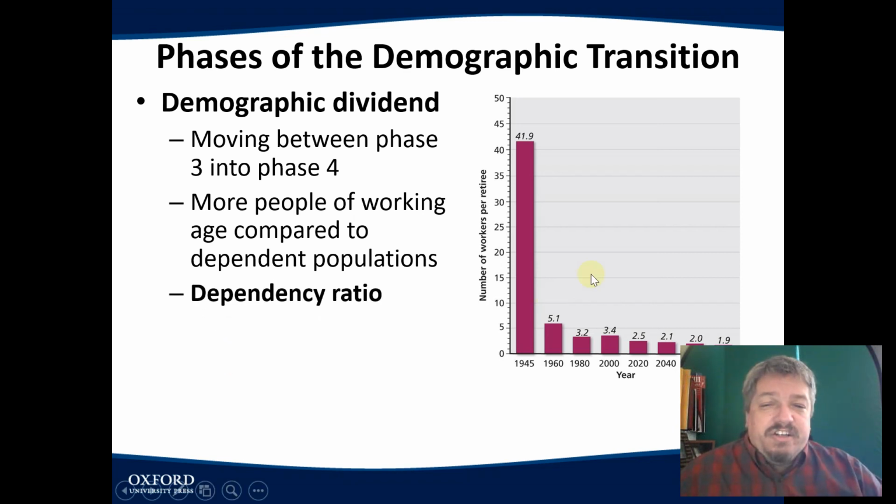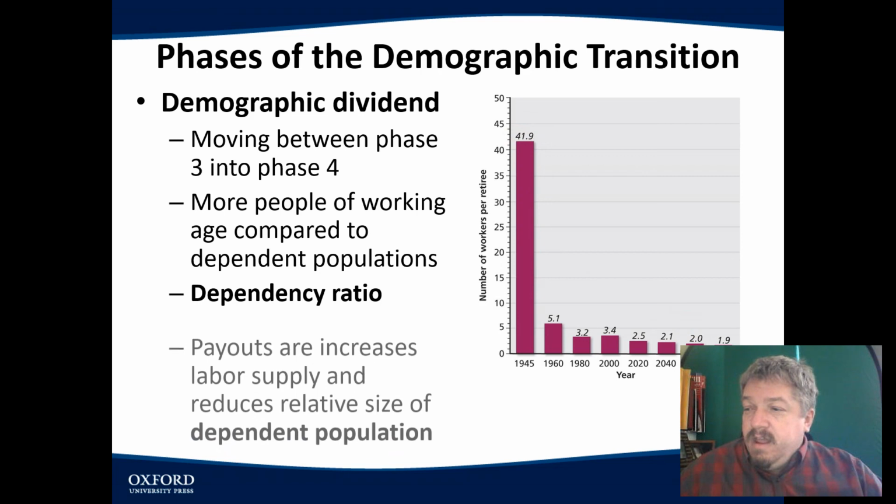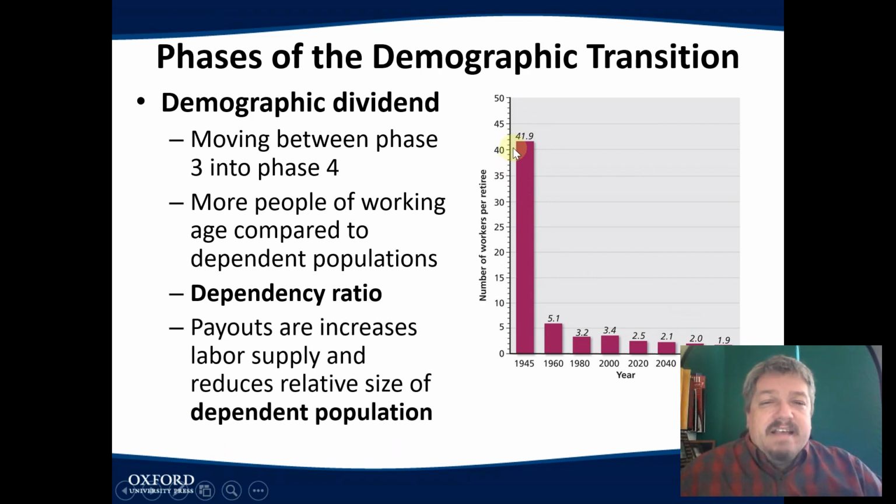And this is just showing you the dependency ratio. So as a country moves through the demographic transition, they go from having a very high dependency ratio, or a lot of workers for retirees, to fewer, okay? And so what happens is, as this ratio decreases, you have fewer people supporting those who can't support themselves. And that leads to increased competition for resources.